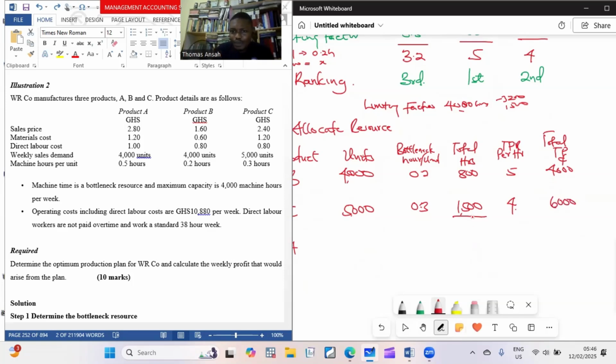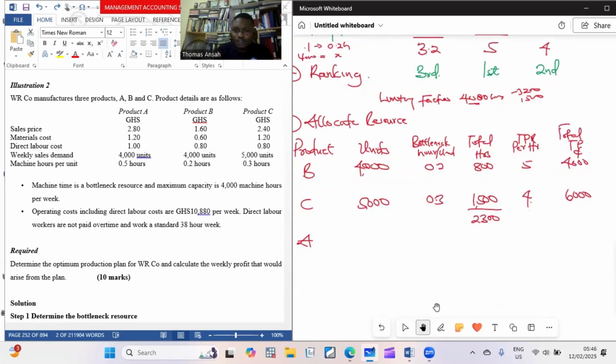Meaning that at this point, if you add, you see that you have used 2,300 hours out of the 4,000. So the rest of the hours can only be limited to this, because the total hours must be equal to 4,000 hours. Do you remember the bottleneck for this one?